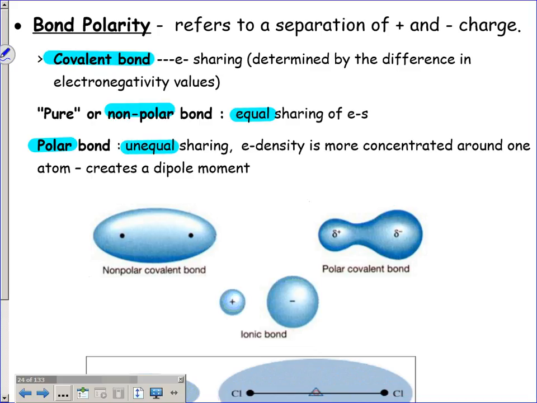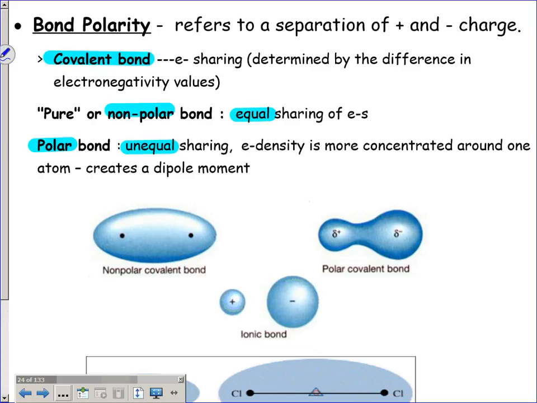They are not full positives and full negatives, because then we'd be ionically bonding, and two nonmetals would not ionically bond. Full positives and negatives are ionic; partials represent the unequal distribution of electrons.